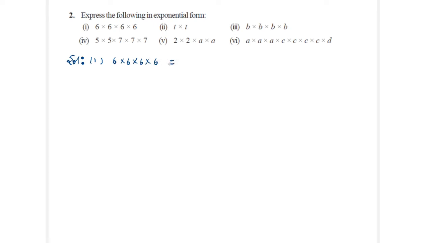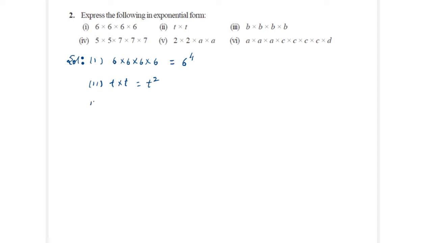Here 6 is multiplied 4 times. So this can be written as 6 raised to power 4. Now come to second part. It is t into t. Here t is multiplied 2 times. It can be written as t raised to power 2.